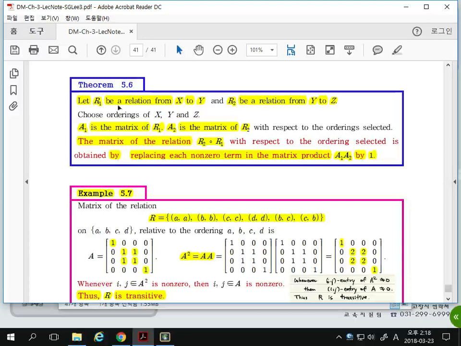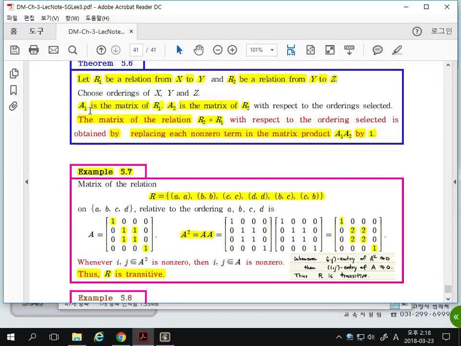Okay, with those concepts in our mind, we can think about Theorem 5.6. Let R1 be a relation from X to Y and R2 be a relation from Y to Z, choosing orderings of X, Y, and Z. Then A1 is the matrix of R1 and A2 is the matrix of R2 with respect to the orderings selected. So the orderings are fixed.